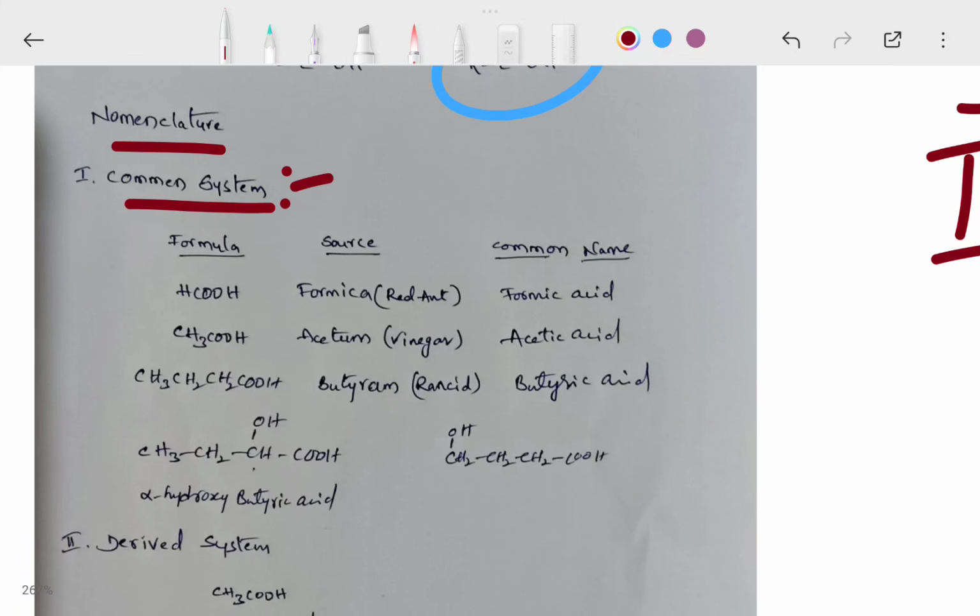The common names of lower members are derived from the source of individual acids.